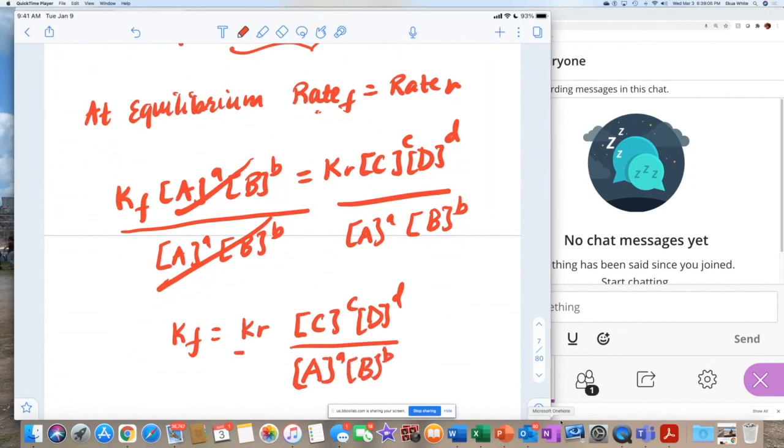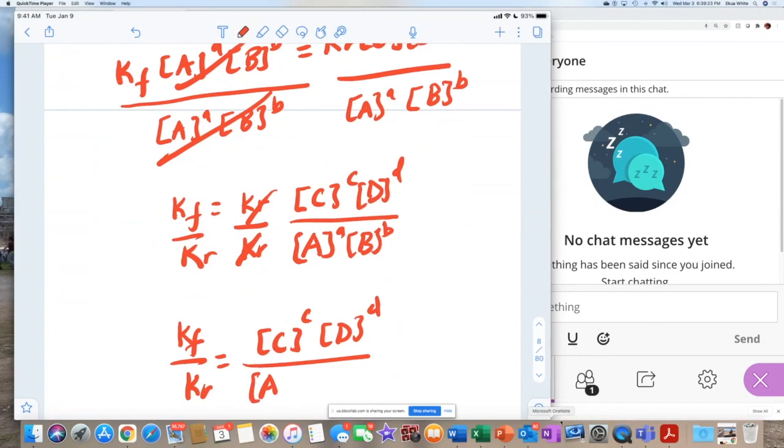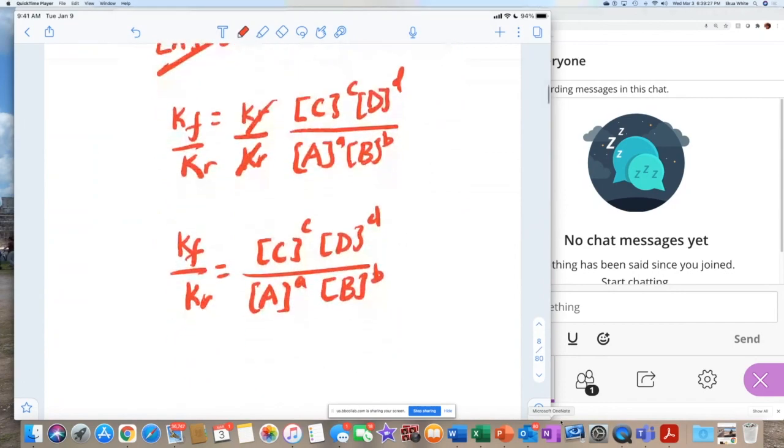I have one more step. Divide both sides by kr. I'm left with kf, k forward over k reverse, equals C power c, D power d over A power a, B power b. So what is k forward over k reverse equal to? This is equal to K equilibrium, okay?